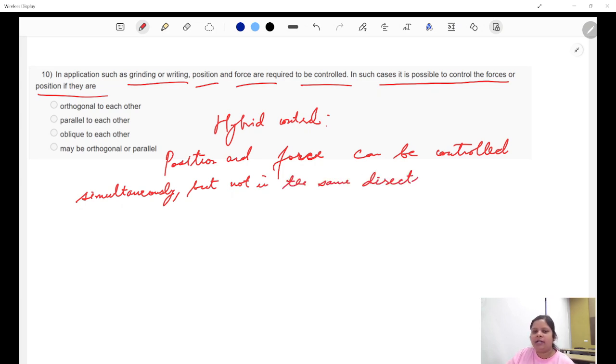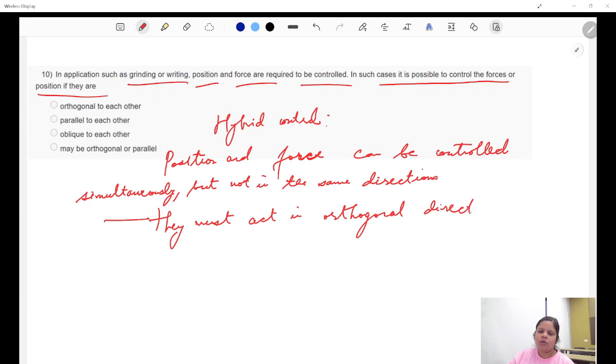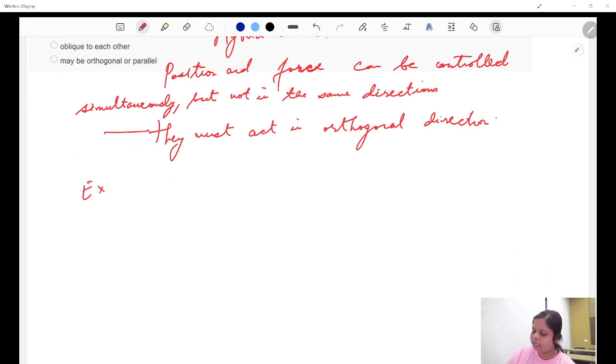They can be in different directions. They must act in orthogonal directions.